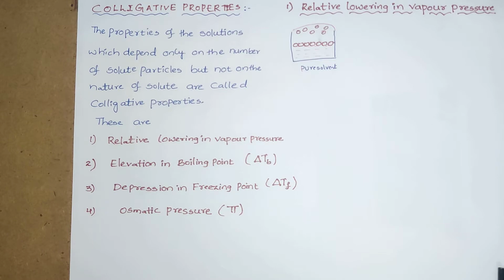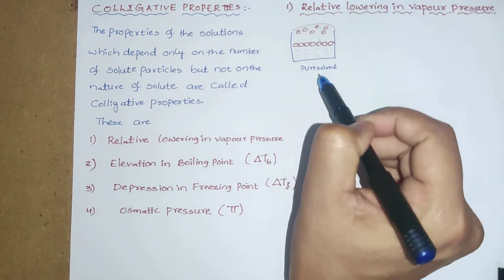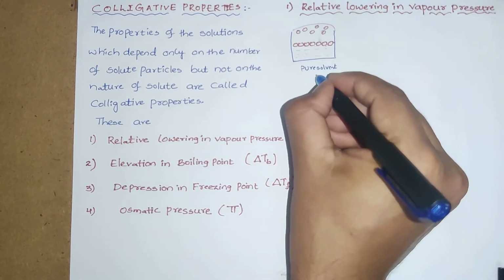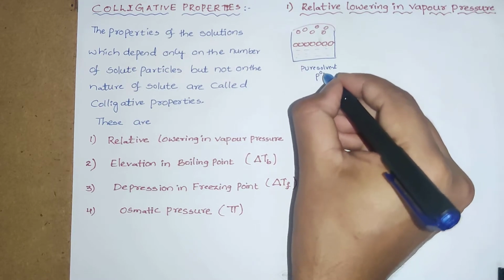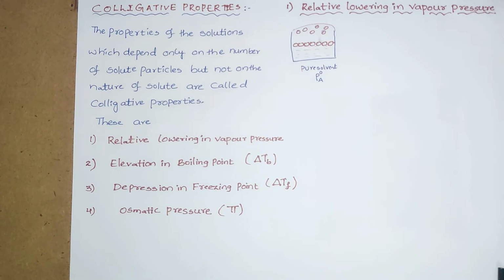At that stage, the pressure exerted by these vapors is called the vapor pressure of the solvent. So the vapor pressure of this solvent, let us take as P naught A. Here A is always taken as the solvent according to our terminology.